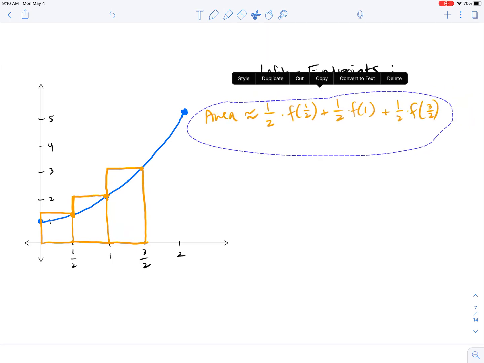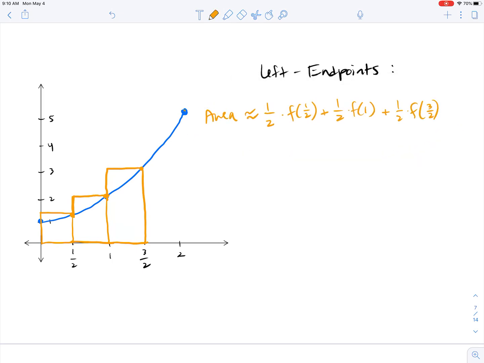Three halves to find the height of the third rectangle. So 1/2 times f of 3/2. And 2 to find the height of the fourth rectangle.